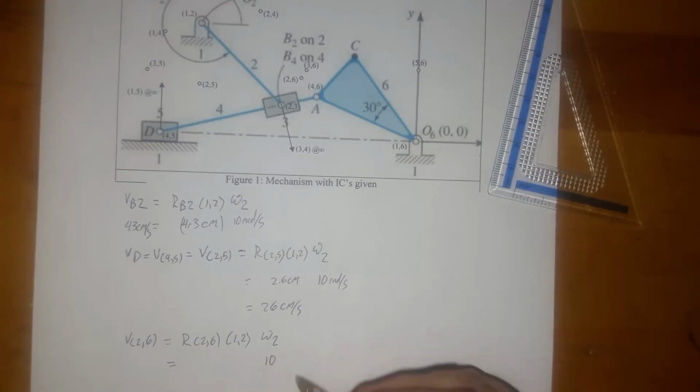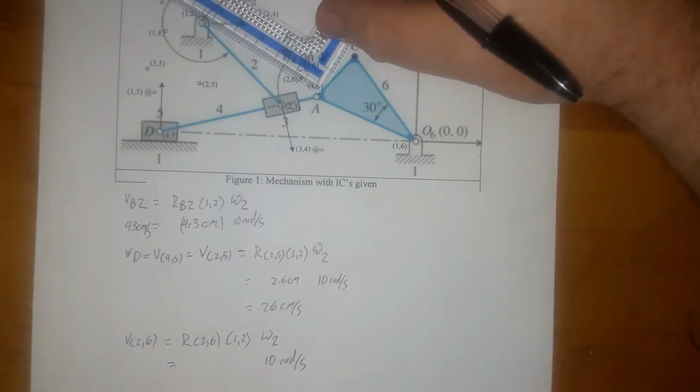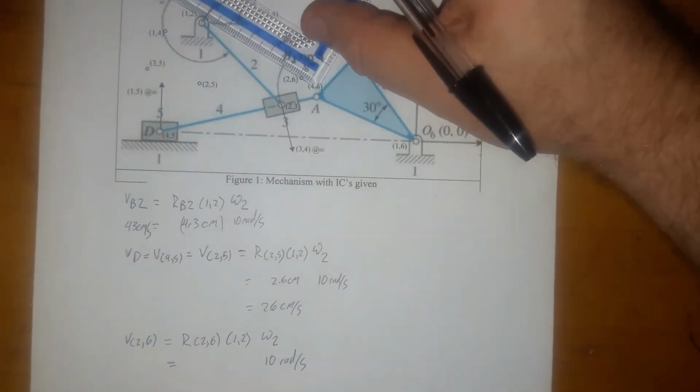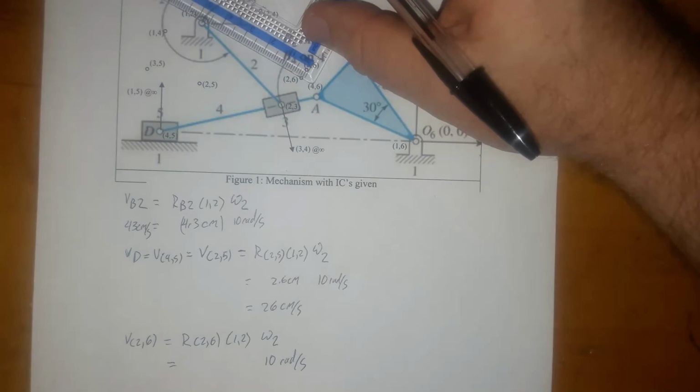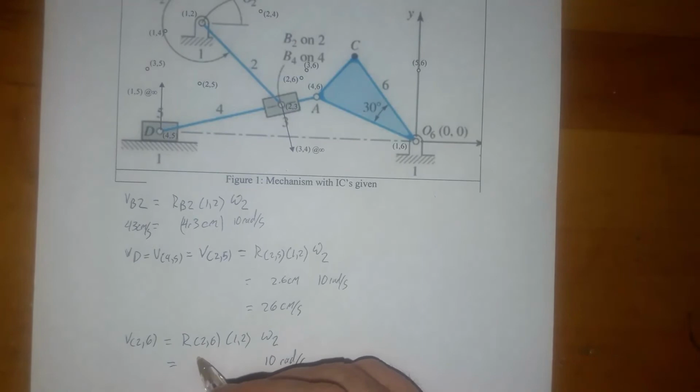And once again, I know that omega 2 is 10 radians per second. And R26, 1,2 to 2,6, that distance right here is 4.7 centimeters. And so V26 is 47 centimeters per second.